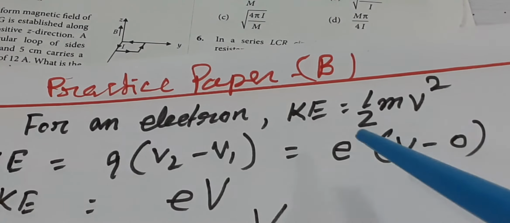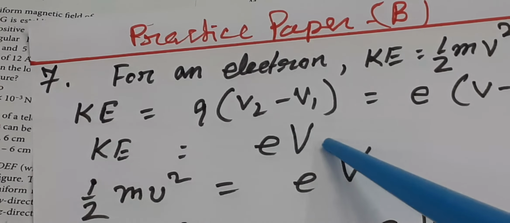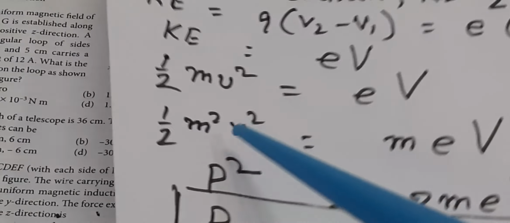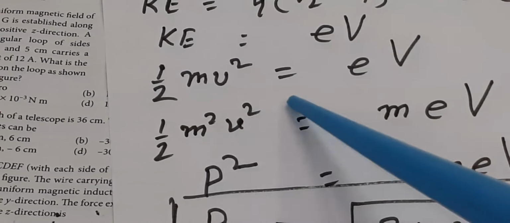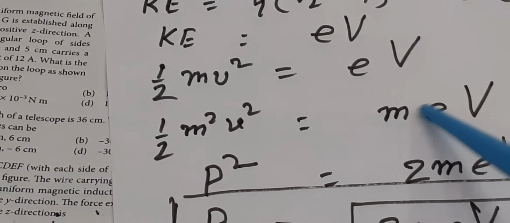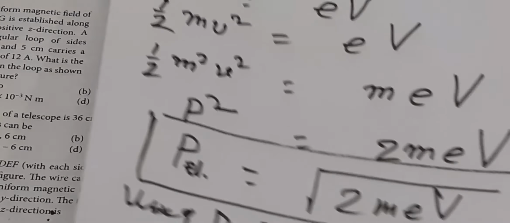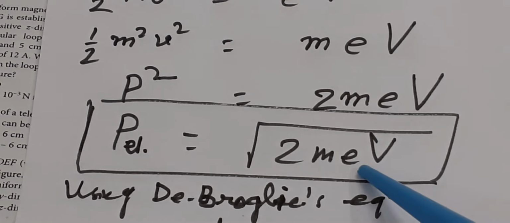So kinetic energy will be e into V. That means half mv square. You can convert this in terms of momentum by multiplying by small m on both sides. Now this will become p square. P square will be 2 times small m, small e, capital V. That means p will be root under twice small m, small e, V.